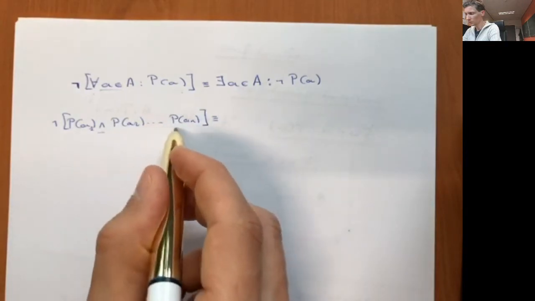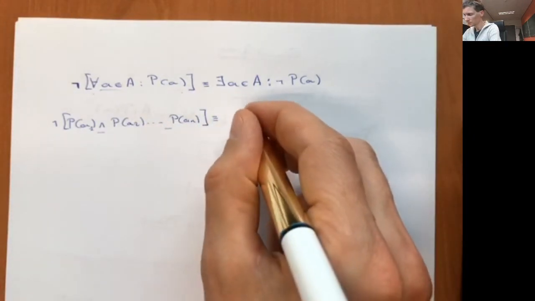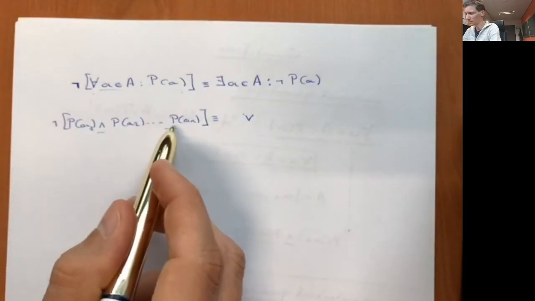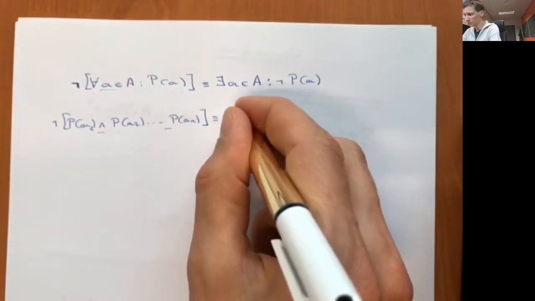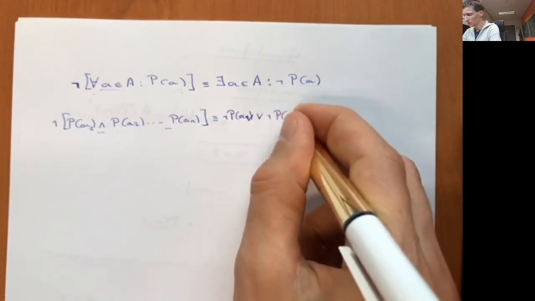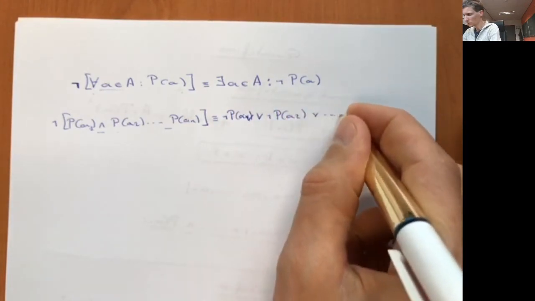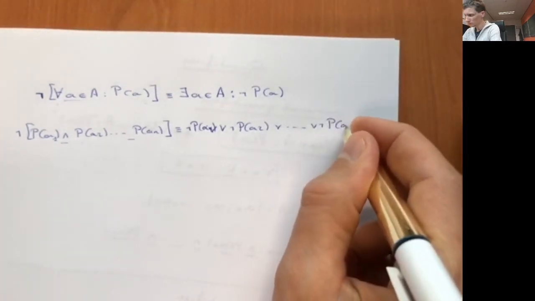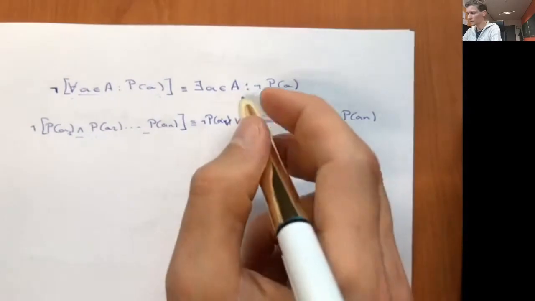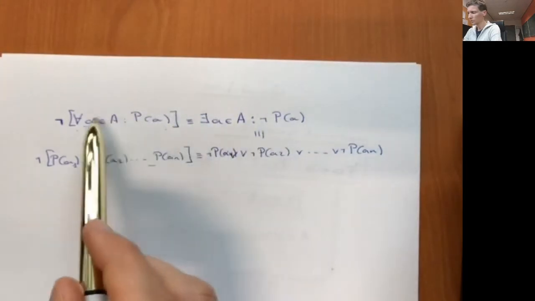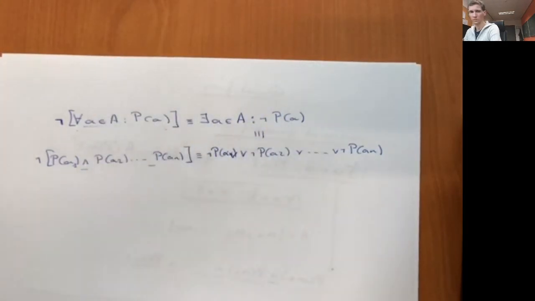All the ANDs become an OR, and you have to negate every part in the chain of ANDs. So this becomes not P(a1) or not P(a2) and so on, or not P(an). And this is exactly this formula here, right? So it's basically a shortcut of De Morgan's law for logic.